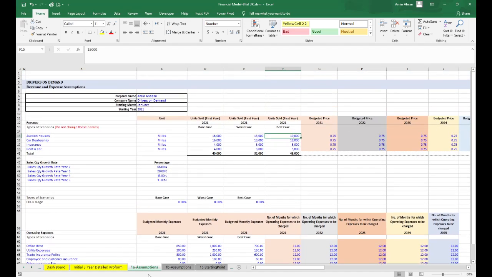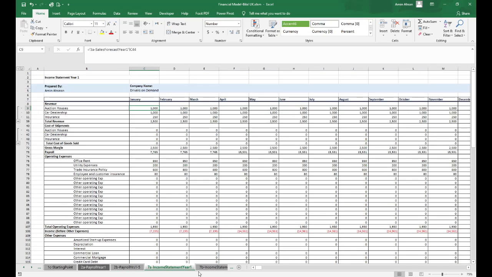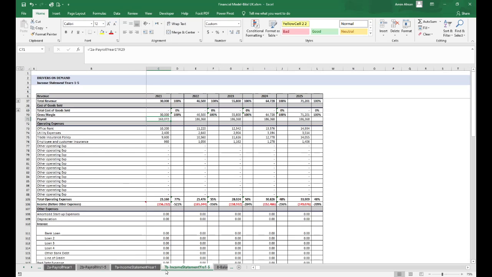Now if you want to see your total revenue, then come to this sheet, 7B income statement year 1 to 5. Here you can see that you will earn a revenue of 30,000 euros in first year, 46,500 euros in second year, 55,800 euros in third year and fourth year, and so on.